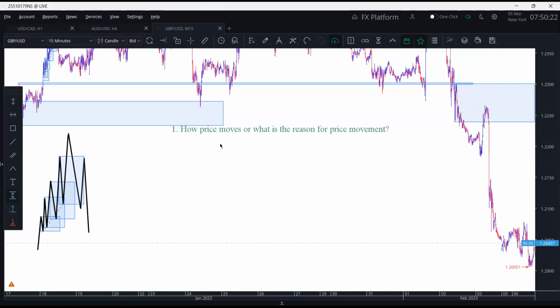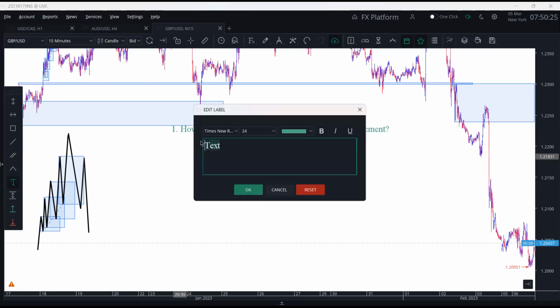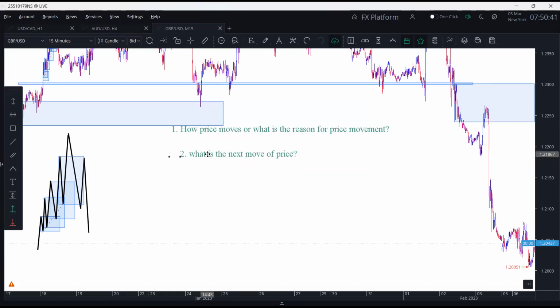The second question is: what is the next move of price? What is the next move of price? It is the thing that analytical trading is looking for. It is the question that analytical trading is going to find out.